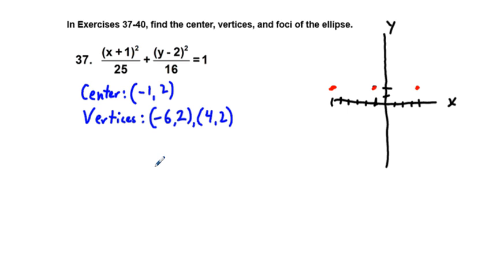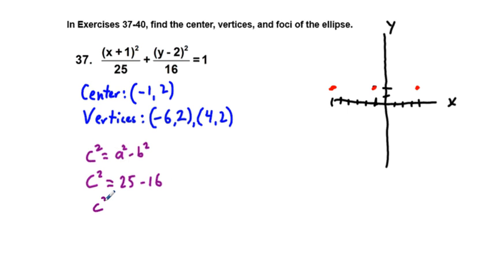Well, the foci are going to be located by finding the formula for the focus, and that's going to be c squared equals a squared minus b squared. Well, in this case, c squared is going to be equal to a squared, which is 25, minus b squared, which is 16.